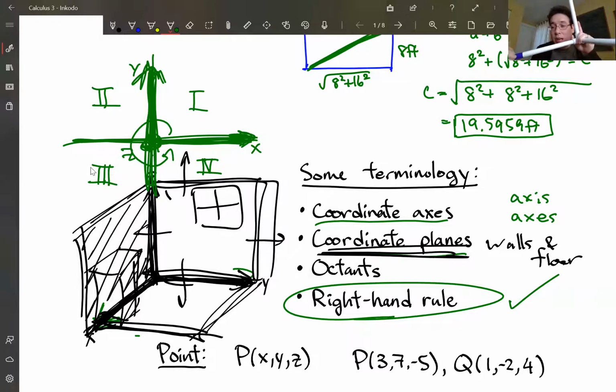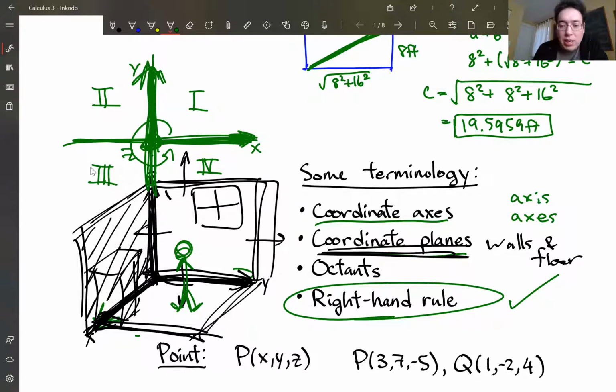Well, this is named the first octant. If x, y, and z are all positive, so this space that's in front of the axes, or if you imagine standing in this room, then you are standing in the first octant.